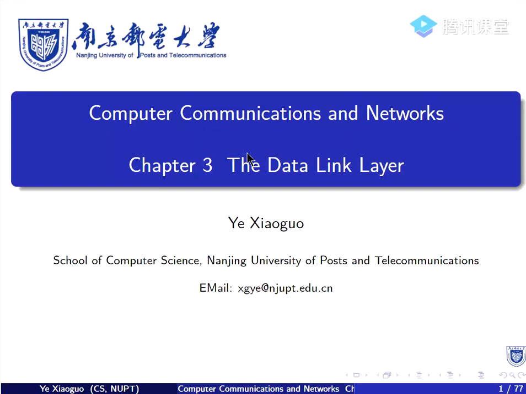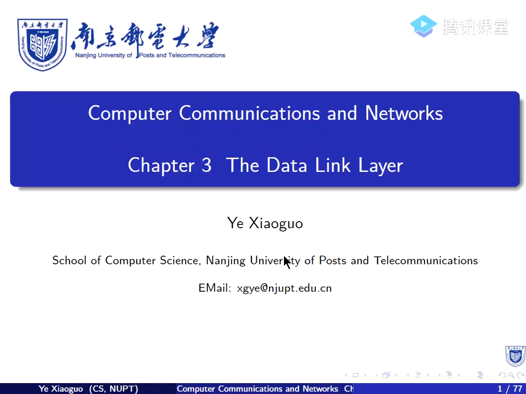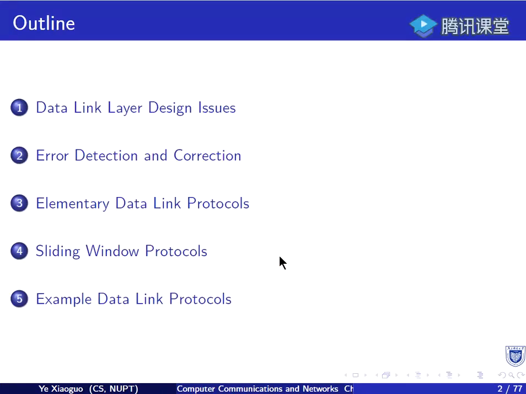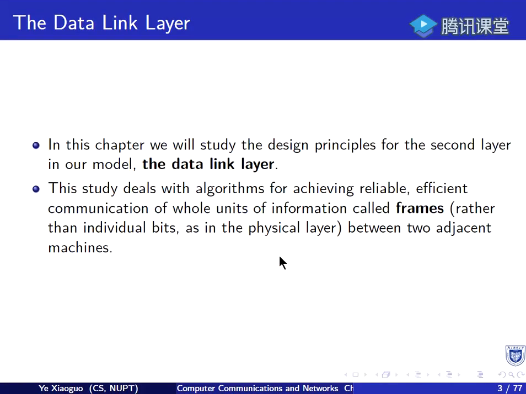Now we will continue the data link layer. The data link layer is the second layer of the OSI reference model. In this chapter, we will study the design principles for the data link layer.